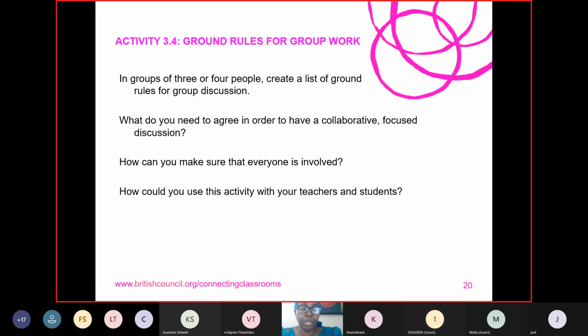I have just posted them in your WhatsApp group. These guides of interaction are ground rules for group work. When they were drafted, we were looking at them from the angle of appreciative inquiry and from a positive angle.